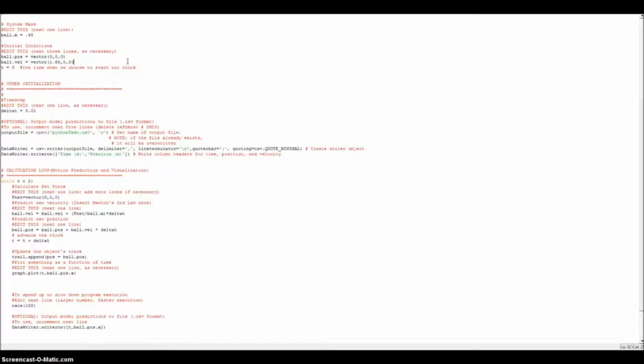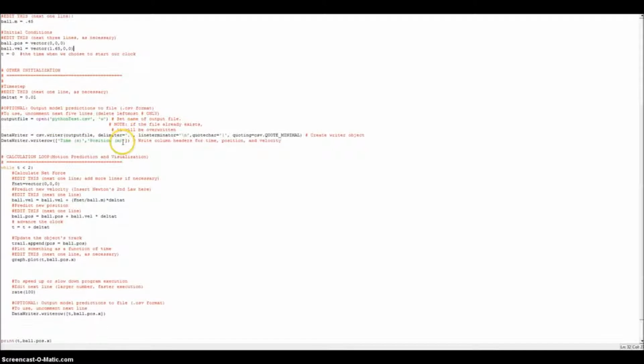At this point, we now have all of the information needed to create our computer model. In order to generate the model, the process is relatively simple. We simply assign the values we just calculated to each of our variables within the code. First off, we calculated the mass of the ball, which is 0.45 kilograms, which is here. Then, next you set the initial position of the ball, which is centered at the origin, which is otherwise known as the zero vector. Then, we take our initial ball velocity, which we calculated to be 1.65 meters per second.